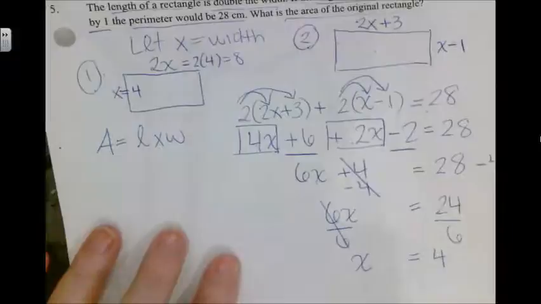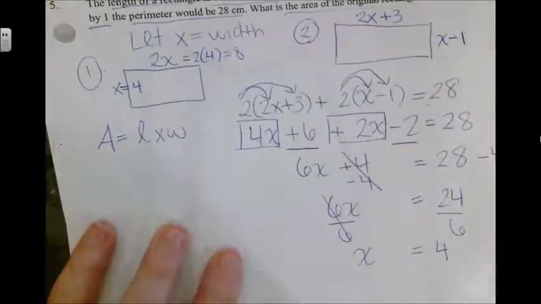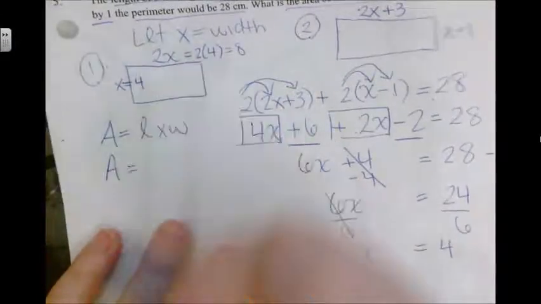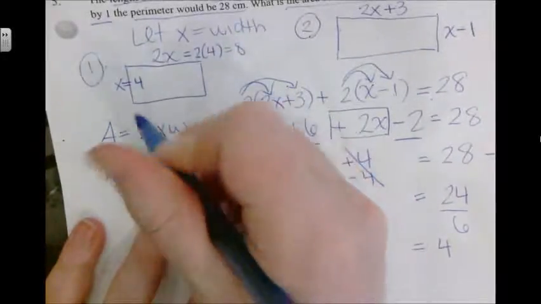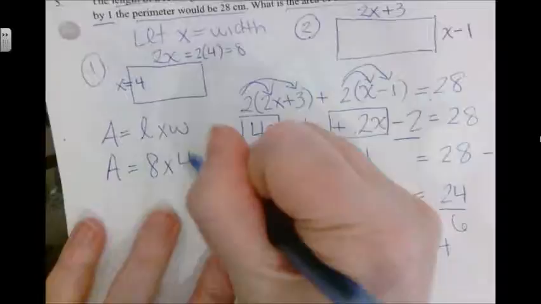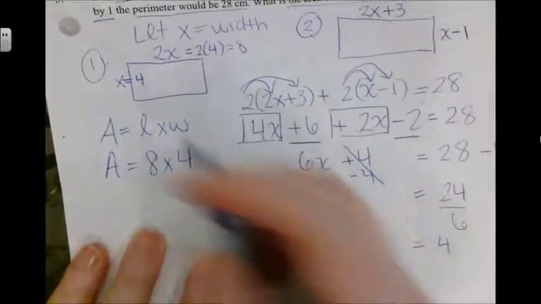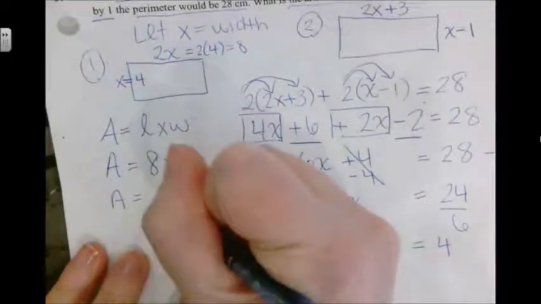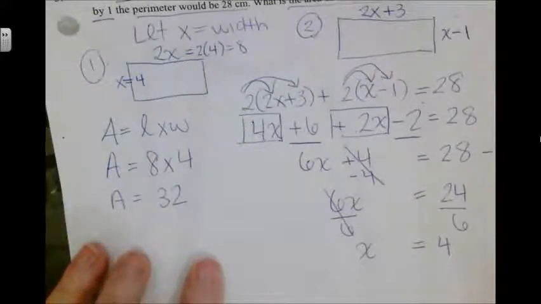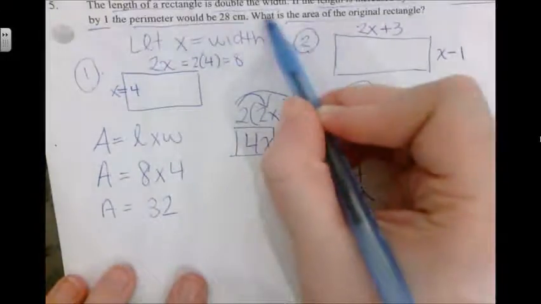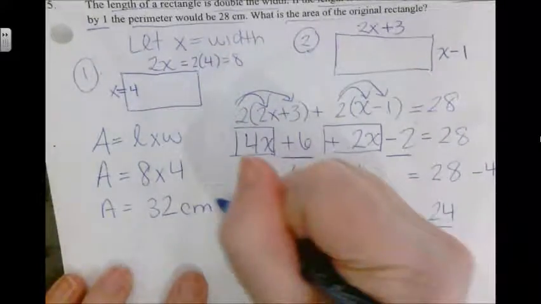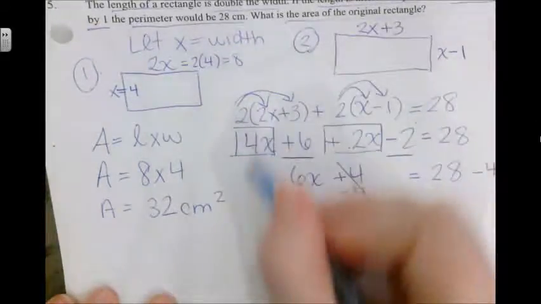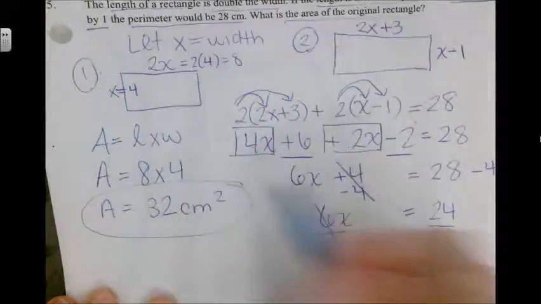Okay, so your area, last thing we have to do is area is equal to length times width, which was, length was 8, and my width was 4, which was my x. So your area is equal to 8 times 4 is 32. And the units was in centimeters. So my area is 32 centimeters squared. Okay, and that was the question. So this is my answer.